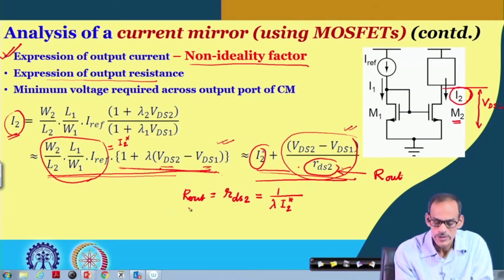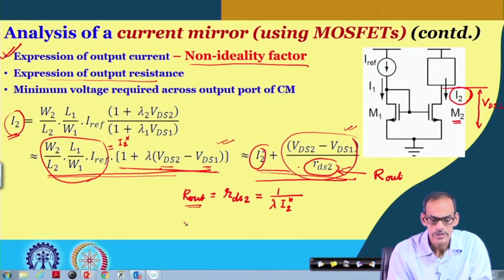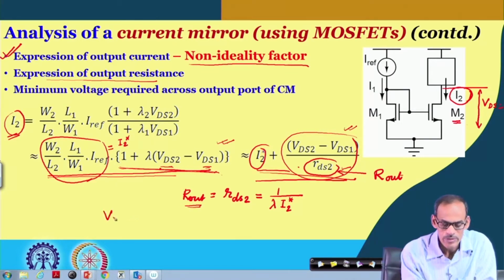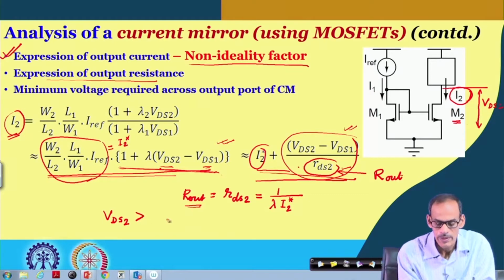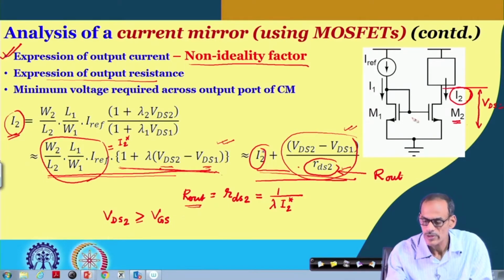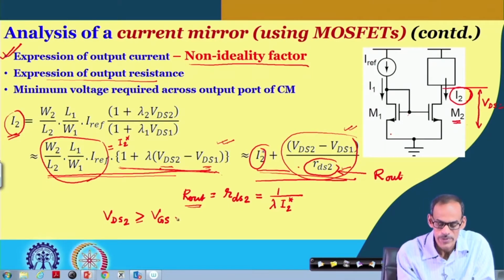So, we get this resistance high only when the transistor is in saturation, and to do so we require the VDS to be sufficiently high, namely it should be higher than its VGS, where VGS of 2 and VGS of 1 are both the same, minus VTH.